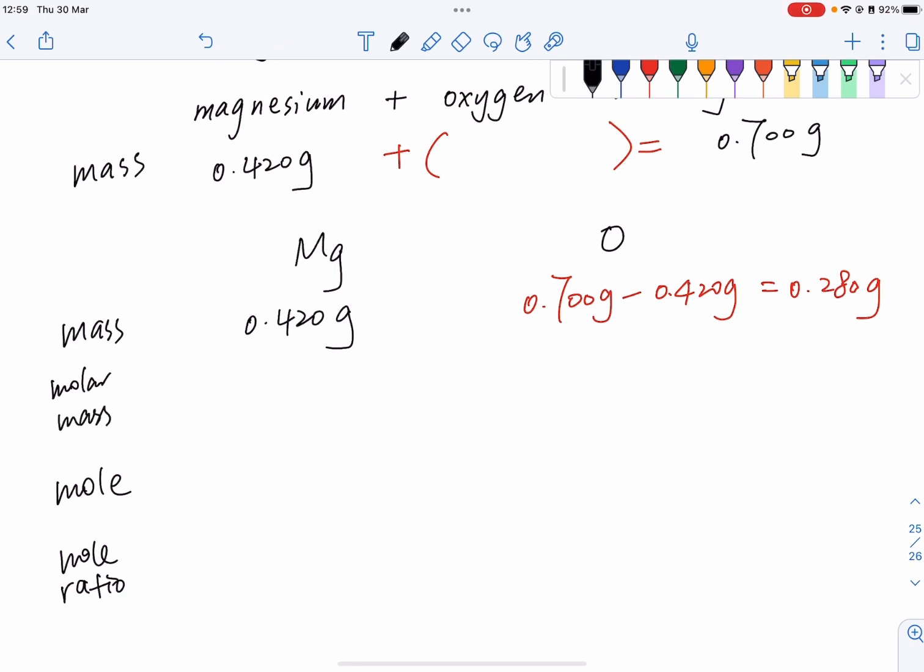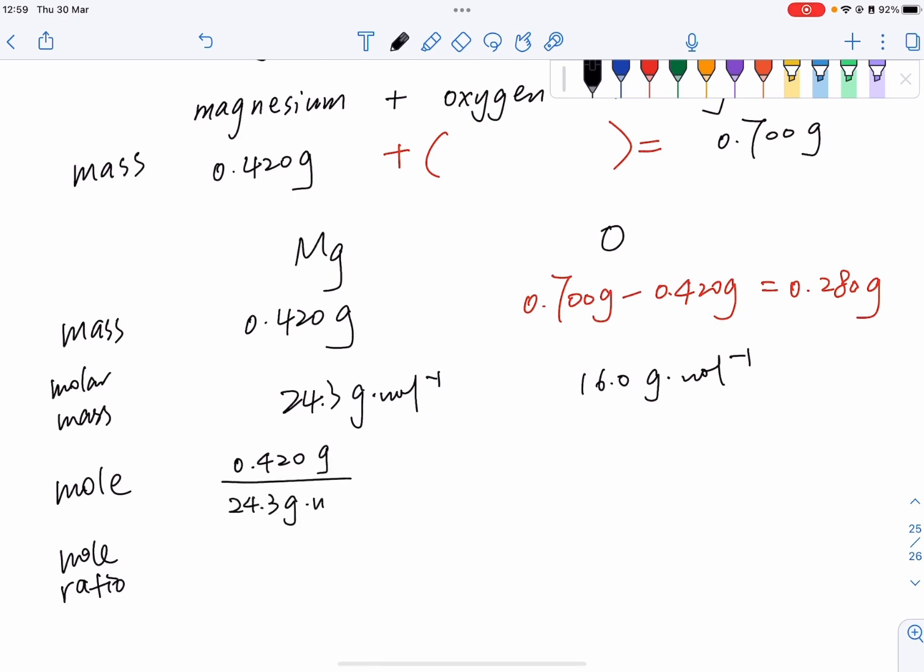Alright, the molar mass for magnesium is 24.3 grams per mole. Oxygen will be 16.0 grams per mole. Let's do some calculations. I don't need to repeat the formula, right? Remember, the mole will be mass over molar mass. And also here should be 0.280 divided by 16.0 grams per mole.